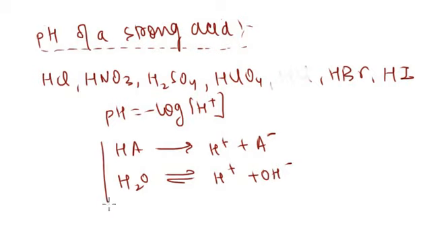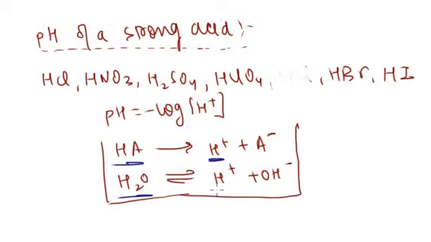So if both are in the same container, the sources of H plus are both the acid and water also. We will be using this later, why we are accounting for the H plus from H2O also. But remember, the sources of H plus are the acid as well as water.